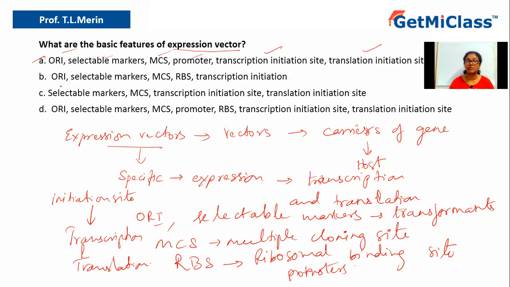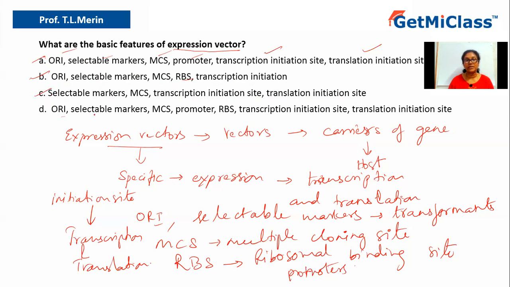Sometimes you get questions like this where all the answers seem correct, but you have to choose the best answer. Option B says ORI, selectable markers, MCS, ribosomal binding site, transcription initiation. Yes, these also should be there. Option C says selectable markers, MCS, transcription initiation site, translation initiation site. That is also correct.